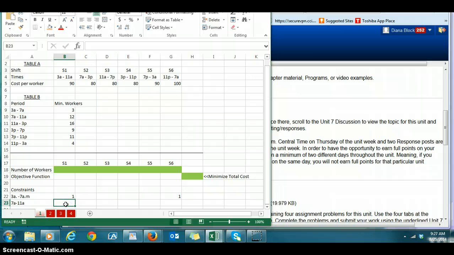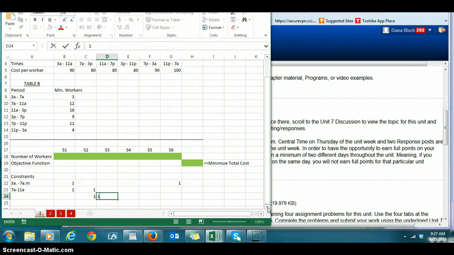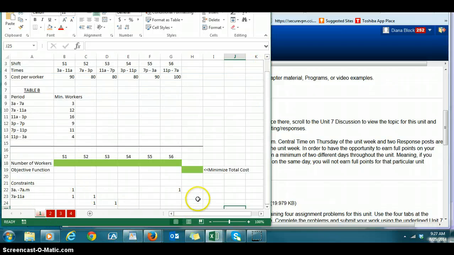And so each of these start times is going to encompass a 1 in 2 different shifts. So this 11 a.m. to 7 a.m., you're going to have a 1 here and here. And then as you add the other start times, remember you'll put all of your ones in so that each start time reflects each shift that it's in. So make sure you're reading through the paragraph to understand what I'm saying. And then you'll have all the ones here in your constraints.